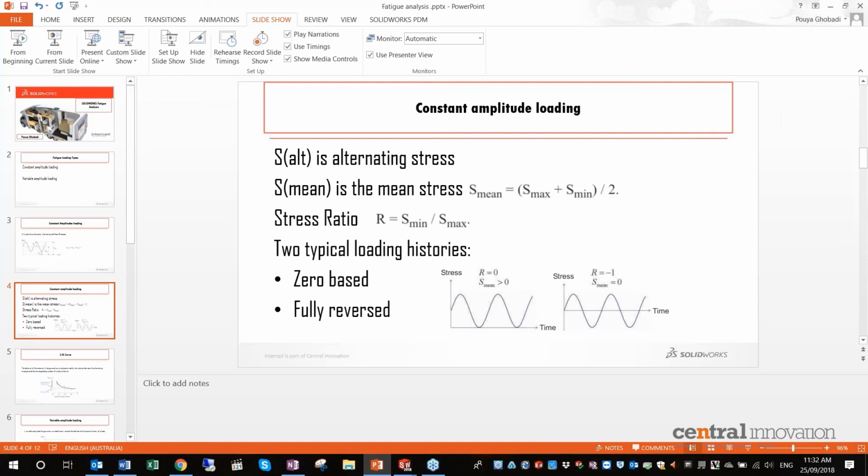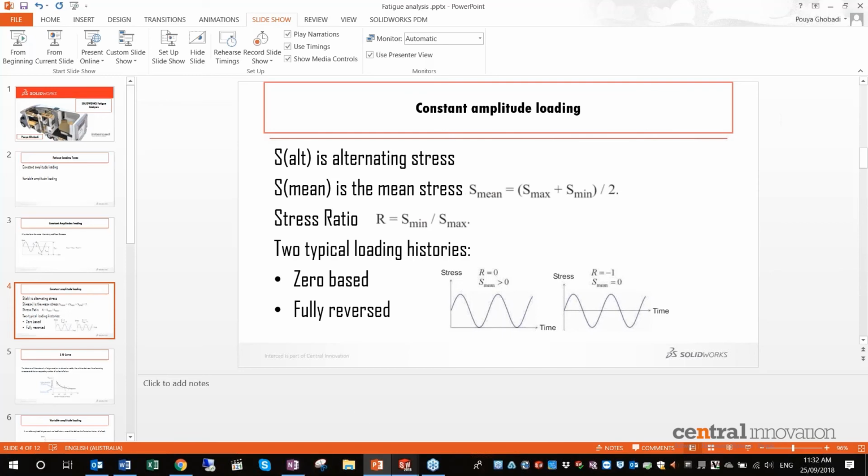If the maximum stress and minimum stresses don't fall in these two categories, you have to calculate your stress ratio, and you have to define it within your simulation, within your fatigue analysis when you define an event.